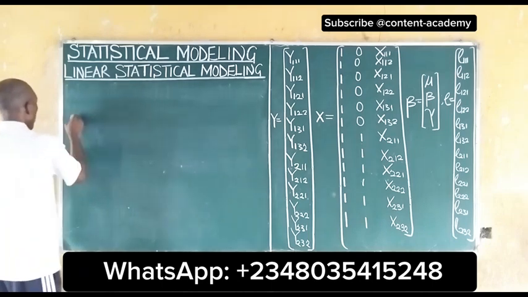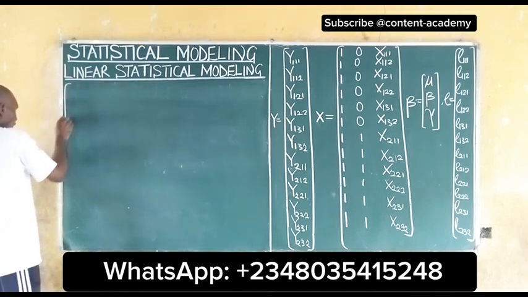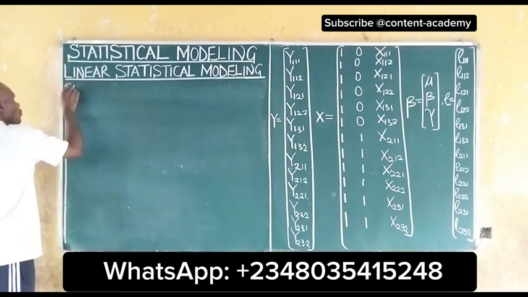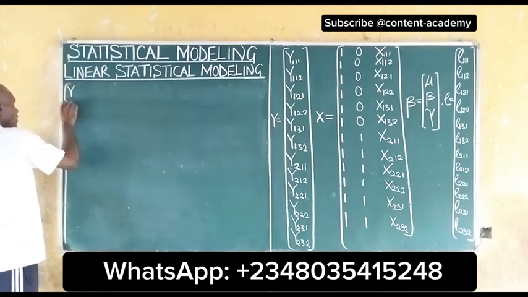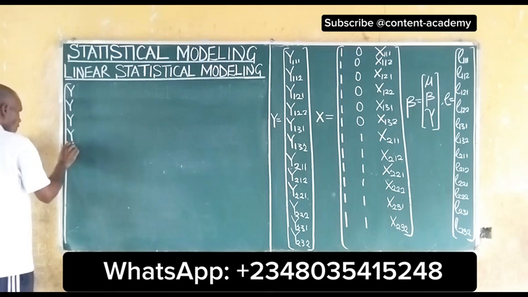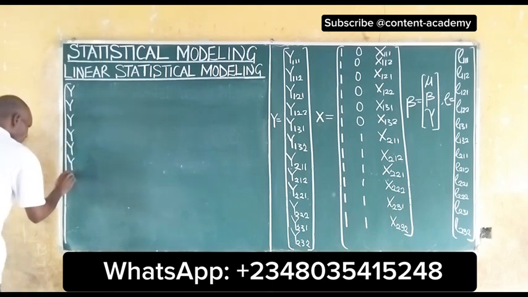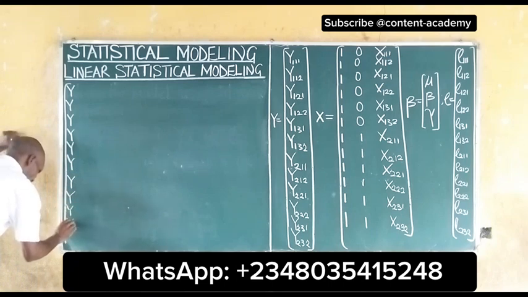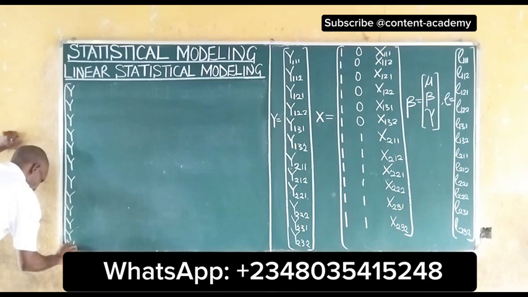So the first one is y, which we can just write as y 1, 2, 3, 4, 5, 6, 7, 8, 9, 10, 11, 12.